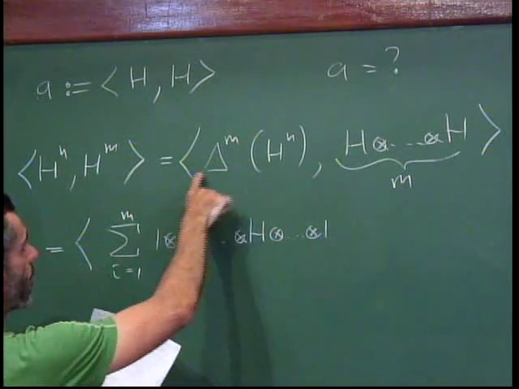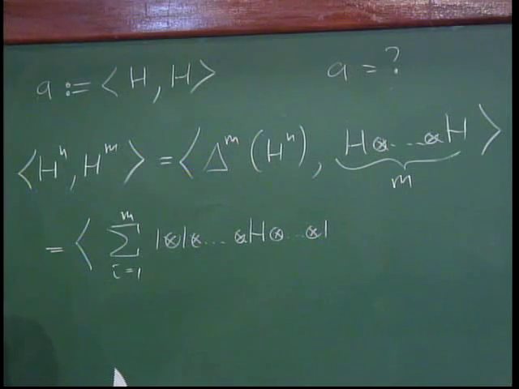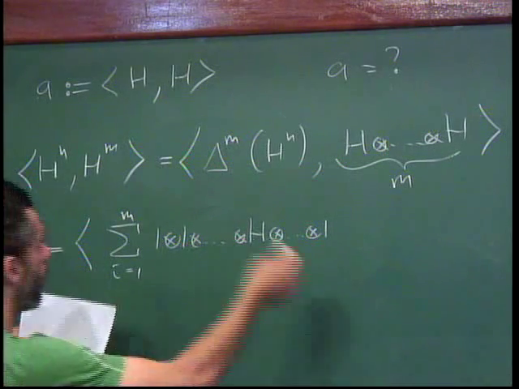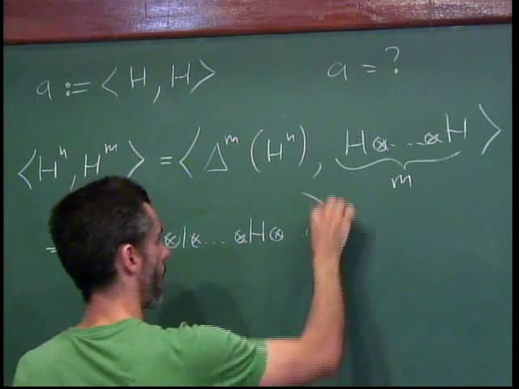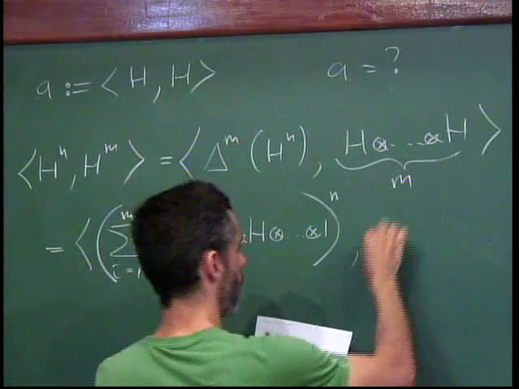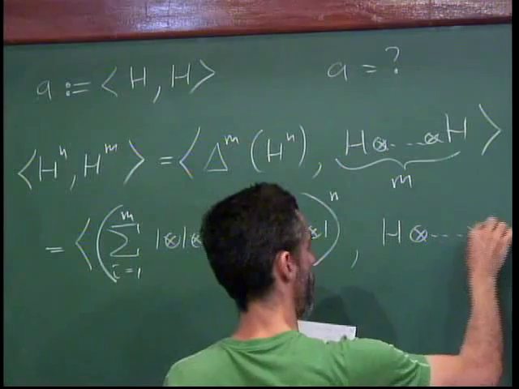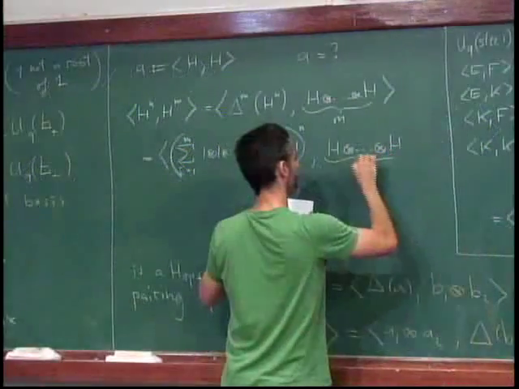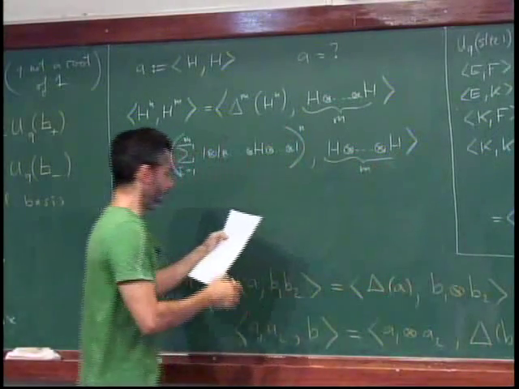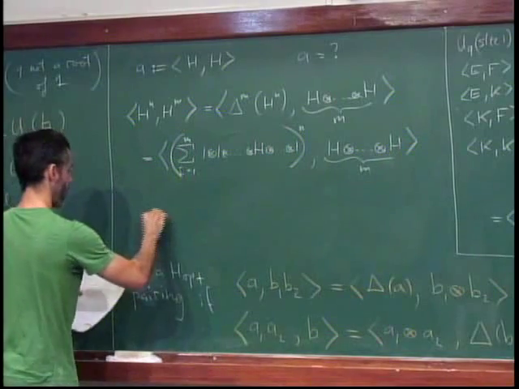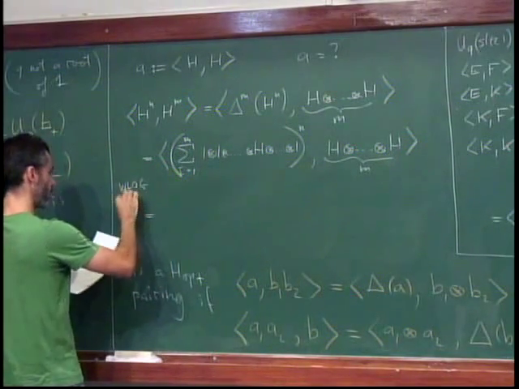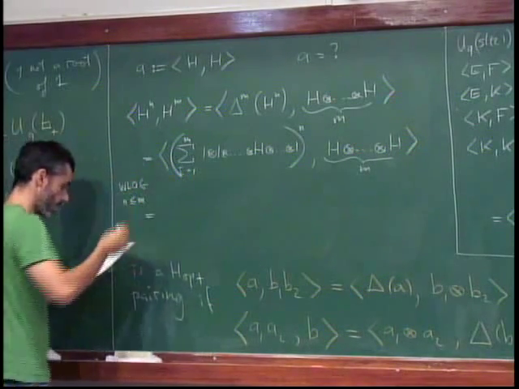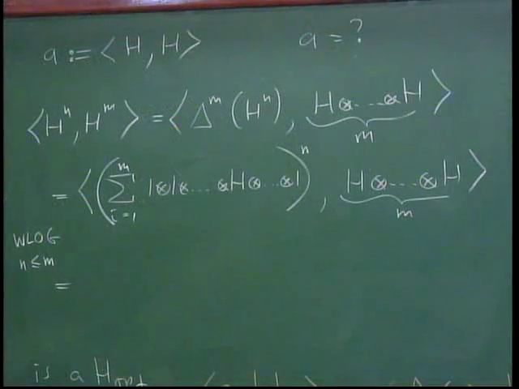So that's the mth iteration of delta applied to h, all that to the power n, and then the other side doesn't change. Without loss of generality, we could have assumed that n is smaller or equal than m.